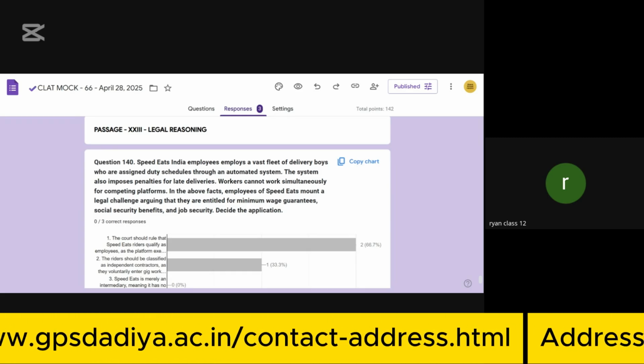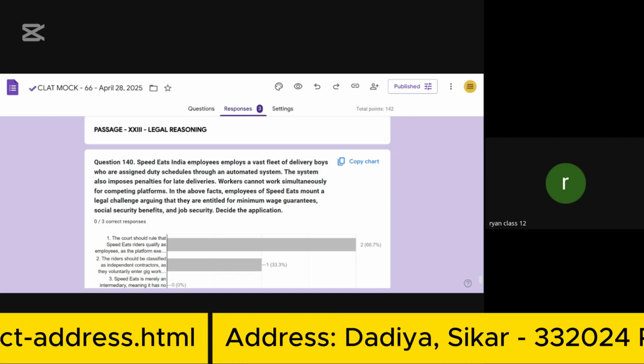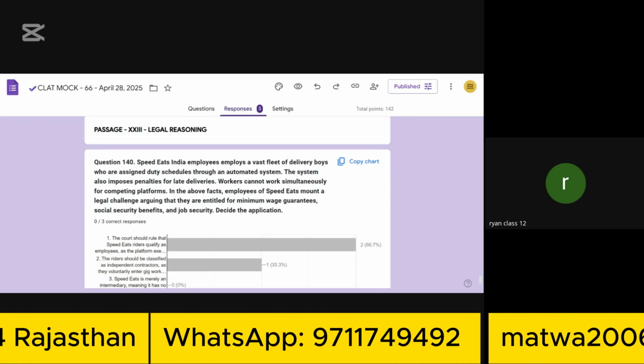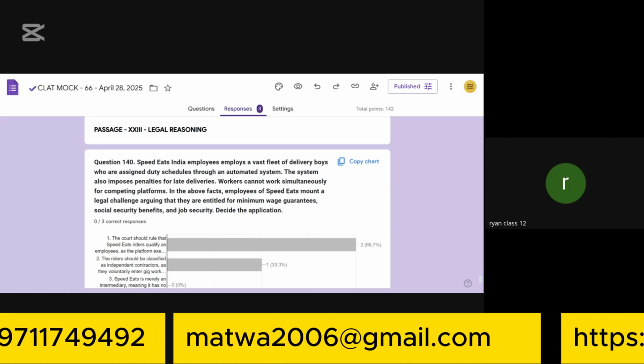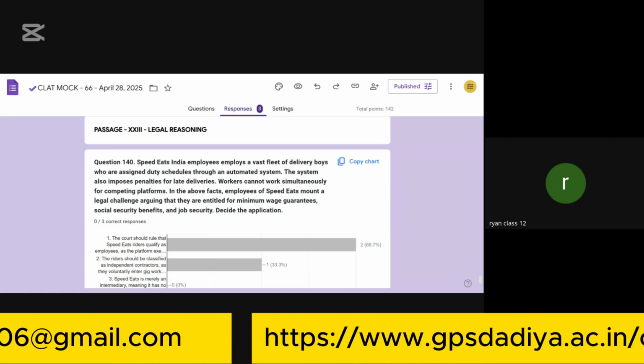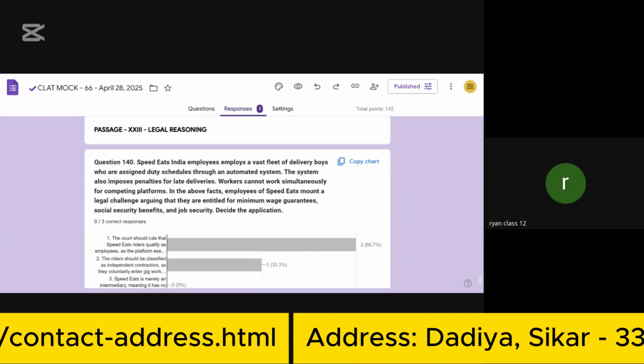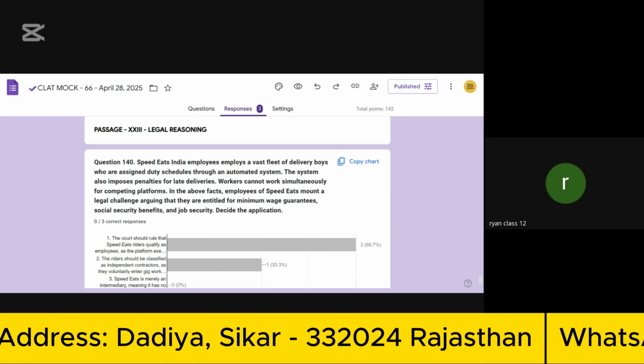However, this model ignores the very strong control that the platforms have over the gig workers' schedules, be it pay or even work hours, which define the employer-employee relationship, but it is not recognized here.